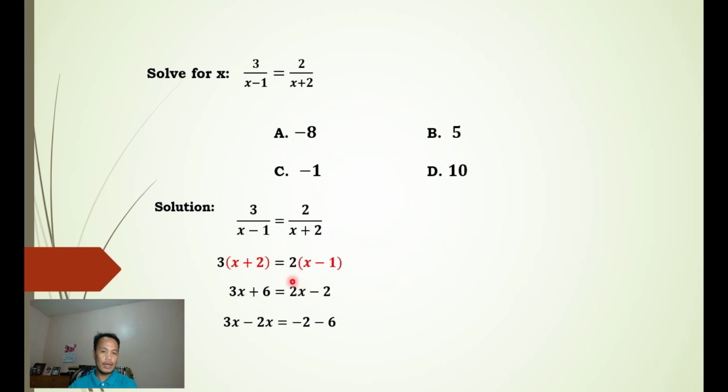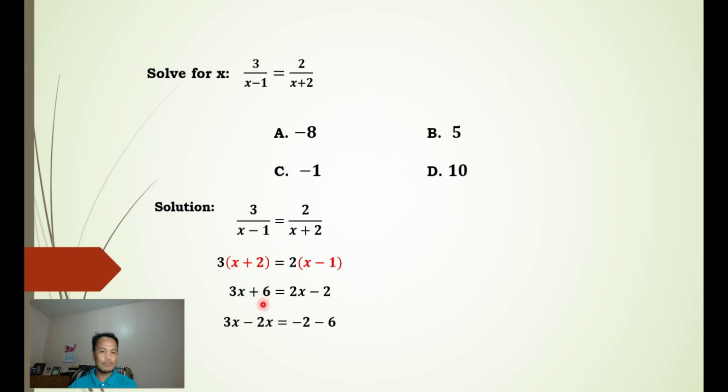So we have 2x here, we subtract 2x and we also subtract 2x. That's why we copy 3x, then subtract 2x, and the negative 2 stays, then we subtract 6 so it becomes 0.